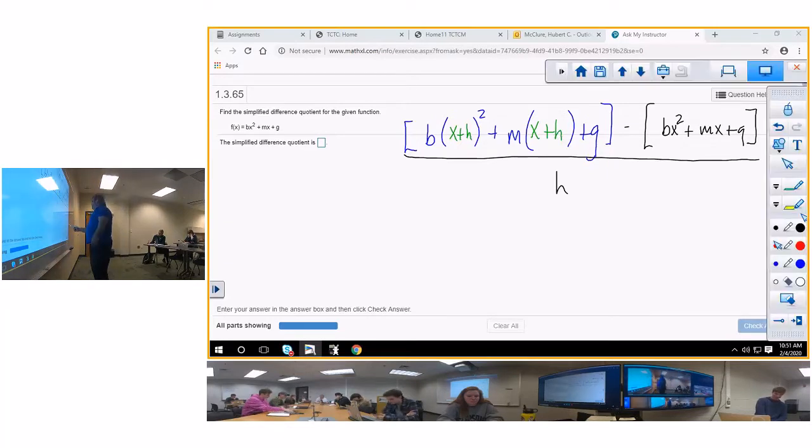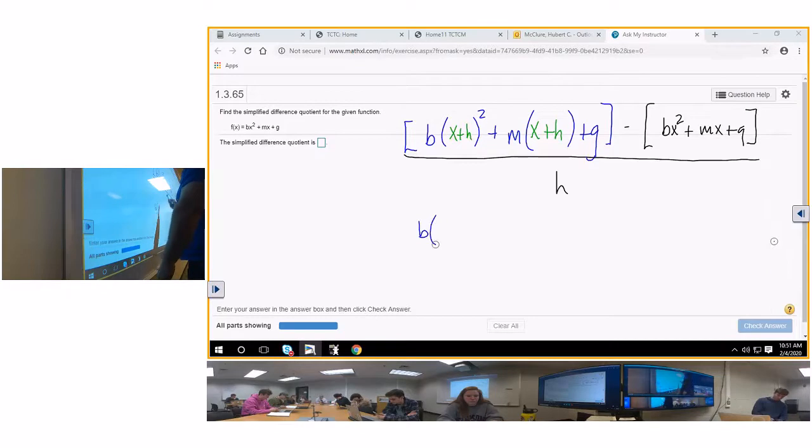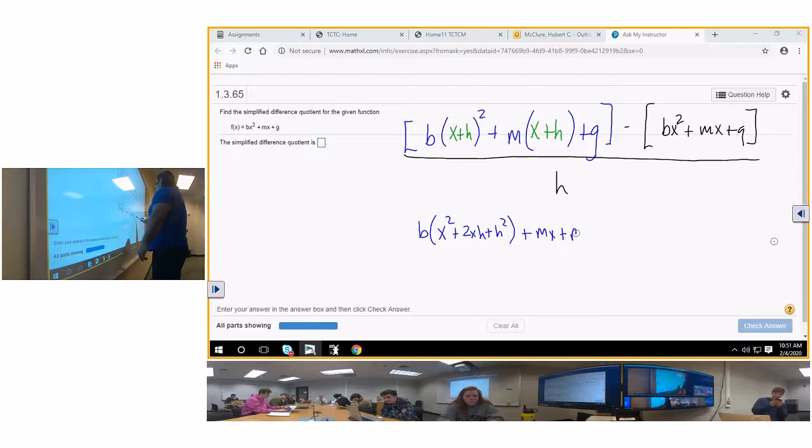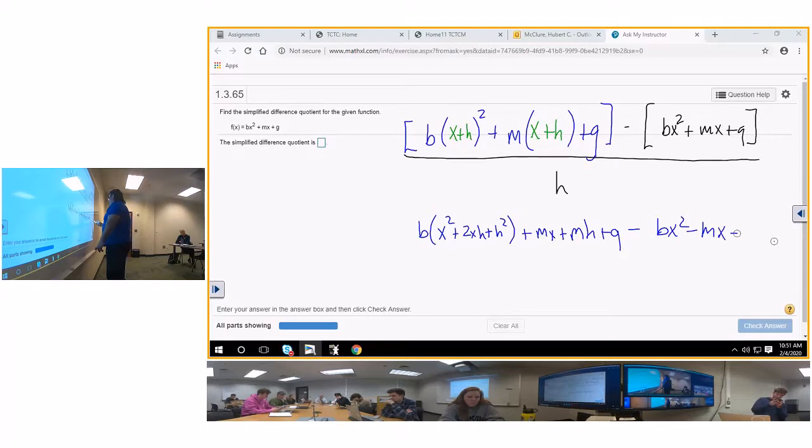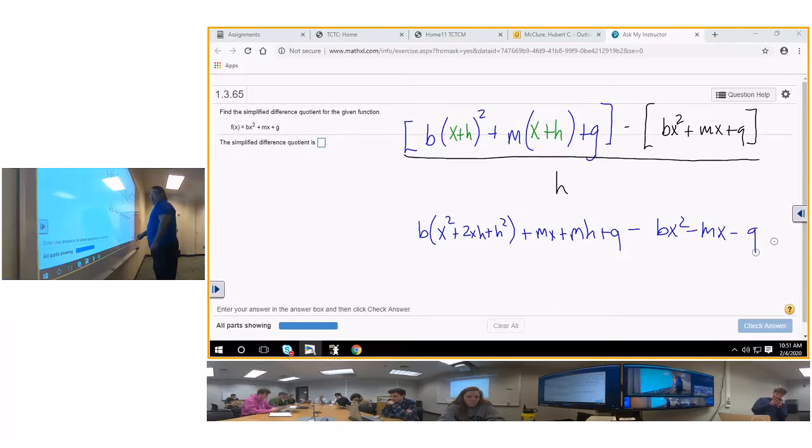I'll carry it one step further for you because I know some of y'all need the help. So that's going to be b times shortcut number 1, x squared plus 2xh plus h squared plus mx plus mh plus g minus bx squared minus mx minus g. And all that is going to be over h.